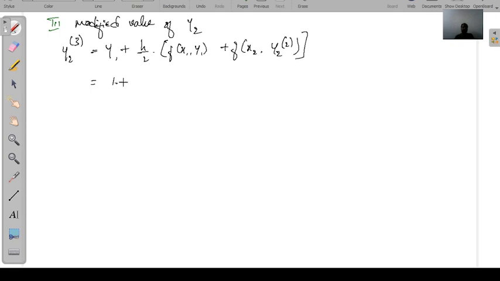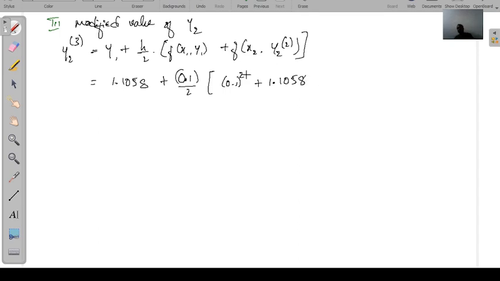Our y1 is 1.1058 plus h is 0.1 by 2. x1 is 0.1 square plus y1 is 1.1058.